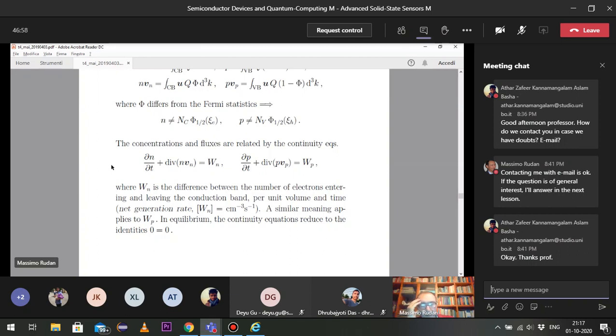The existence of a function Wn that is non-zero in the equation, and this function also must be integrated over the same volume, tells you that there is another reason for the change of the population of electrons in the volume, okay?